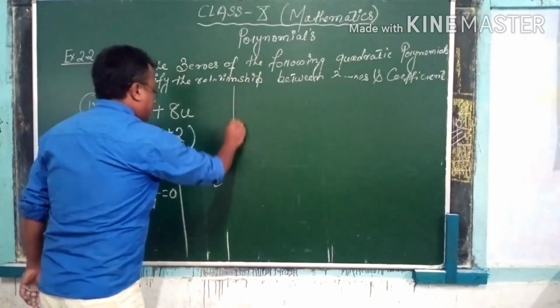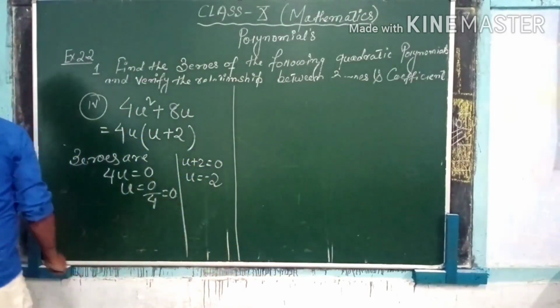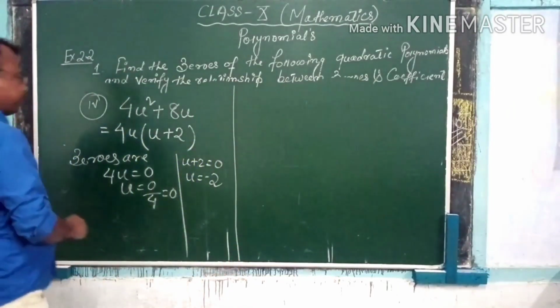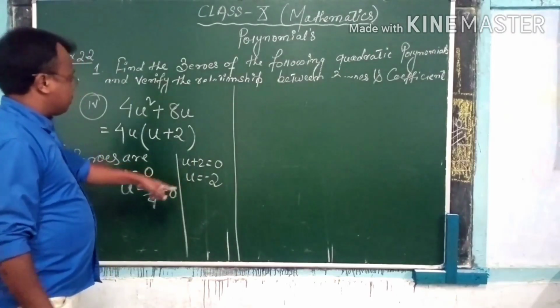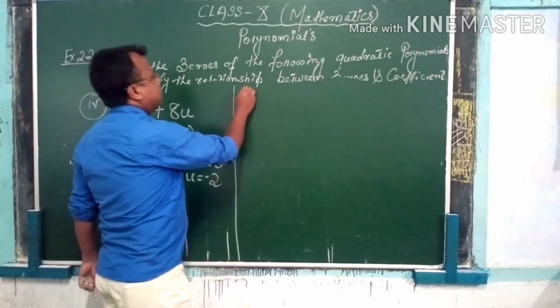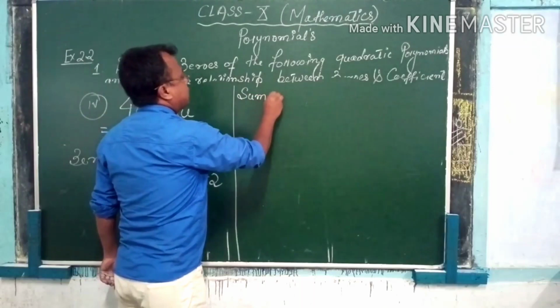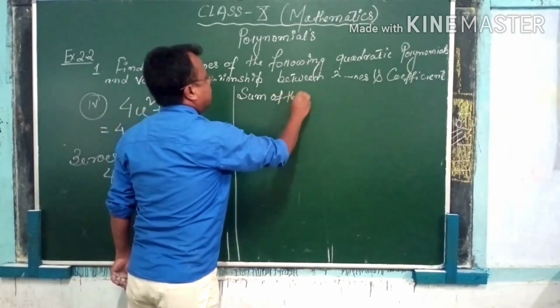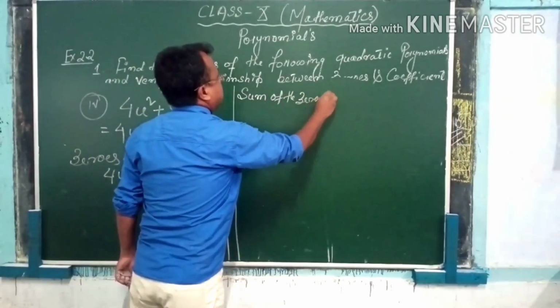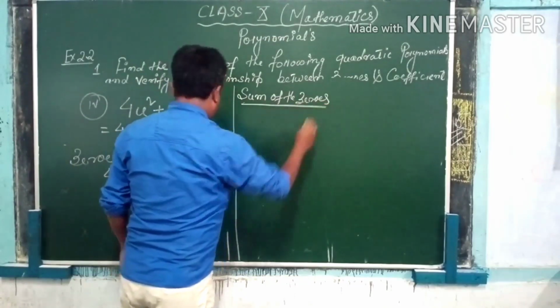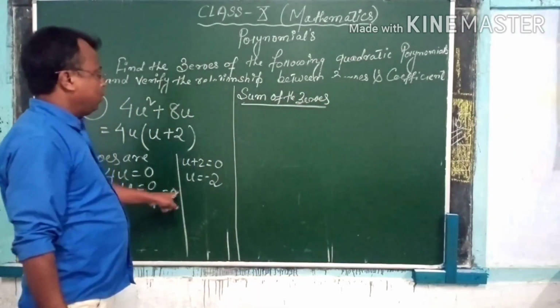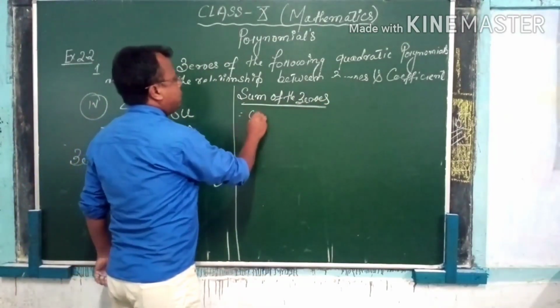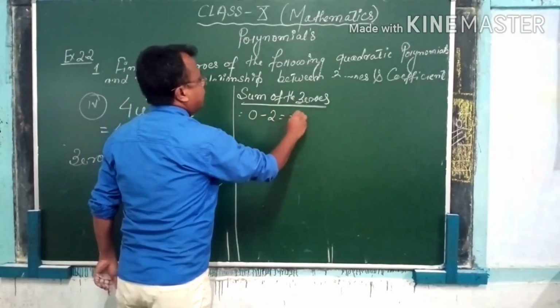So now let us try to find out the sum of the zeros and product of the zeros. Sum of the zeros: 0 plus minus 2, so it is equal to minus 2.